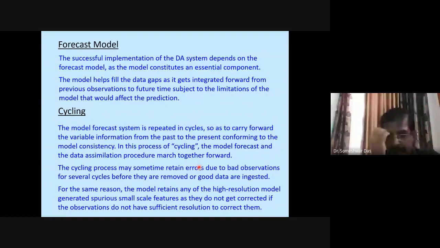Some mesoscale phenomenon, some subgrid scale process occurred, which could not be captured by the observation, and could not be resolved by your model at that given resolution, because you cannot change your resolution every time step. You fix your resolution and then run the model. So those things which could not be resolved properly will introduce error in your first guess forecast for the next cycle, and that will carry forward till it is corrected.